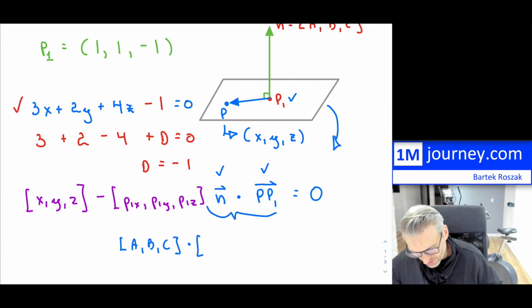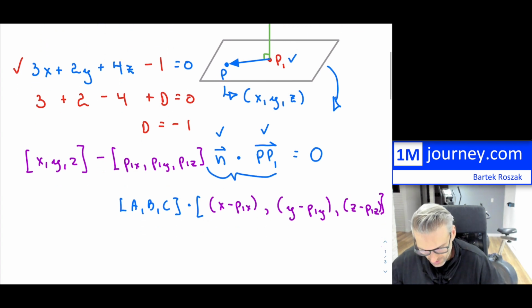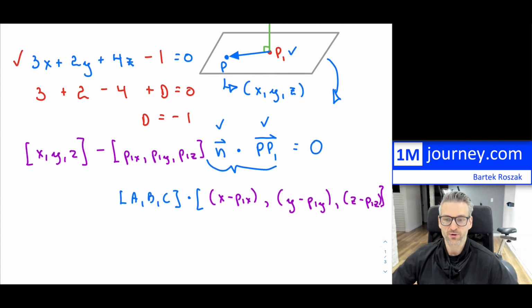Now if I subtract those, I'm going to get the components: X minus P1X, that's going to be my component of X. Then I'm going to get Y minus P1Y, and then Z minus P1Z. And this is the actual dot product now in between.